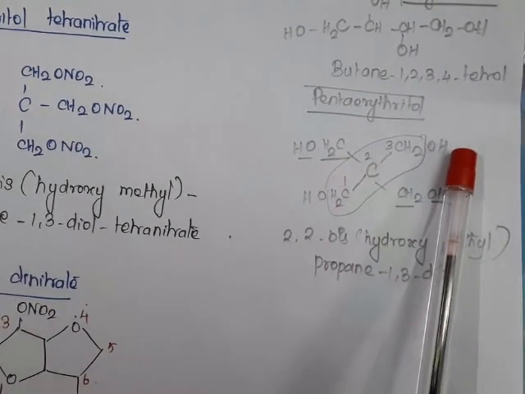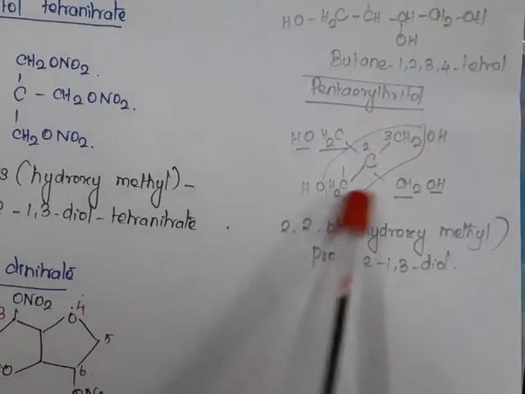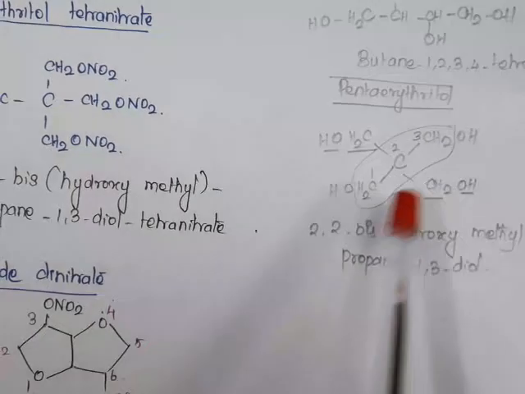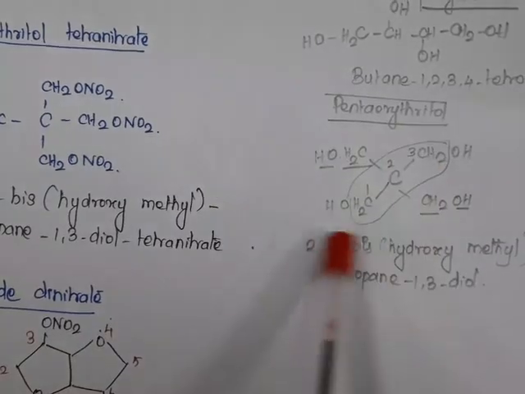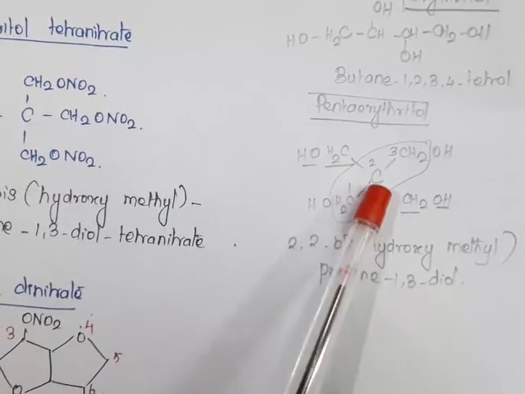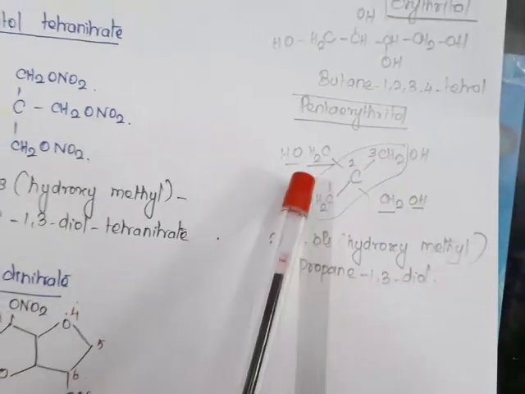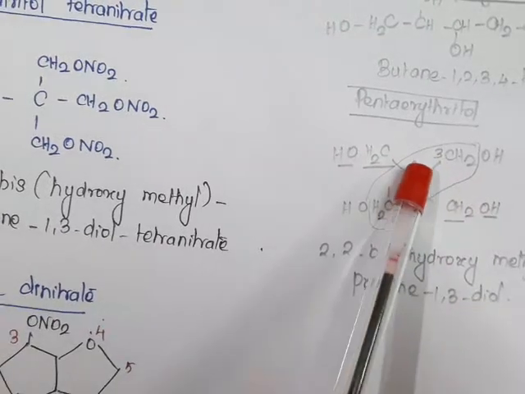That is called pentaerythritol. The chemical name for pentaerythritol is, here we have chosen this as a parent, carbon, here CH2, here CH2. So CH3, CH2, CH2. This is the parent. That's why it is called propane. And in the second position, what is attached? 2 sides we have 2 OH CH2. So bis, everything here at the second position would be attached.